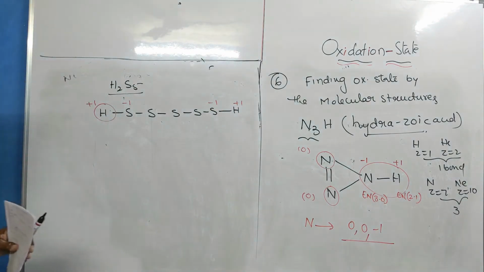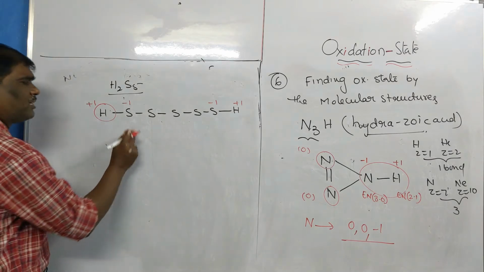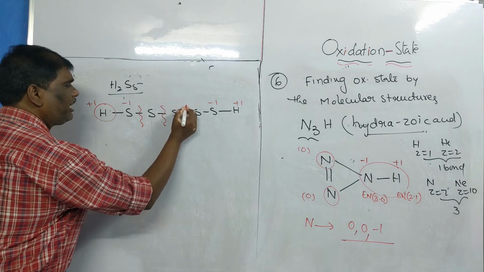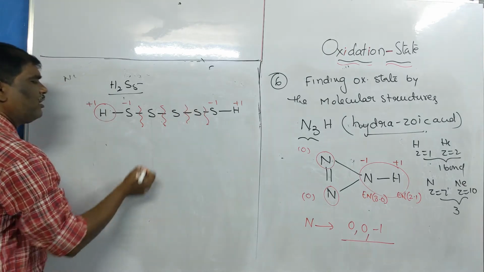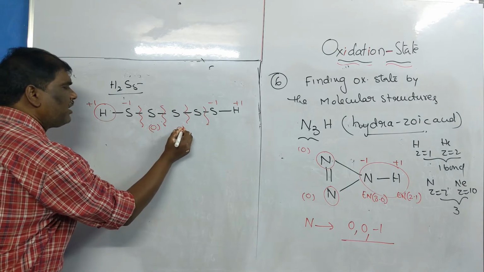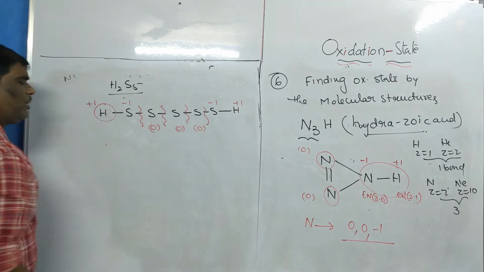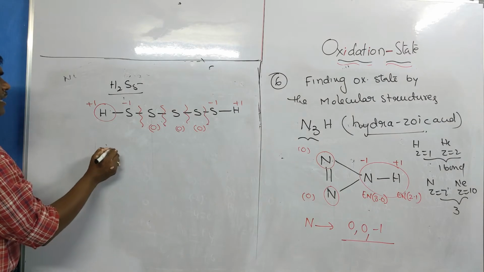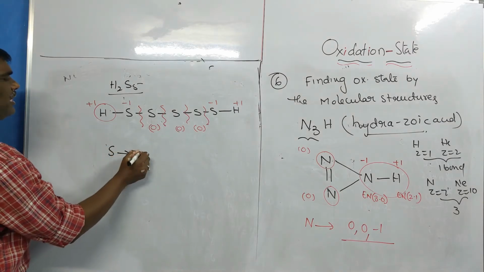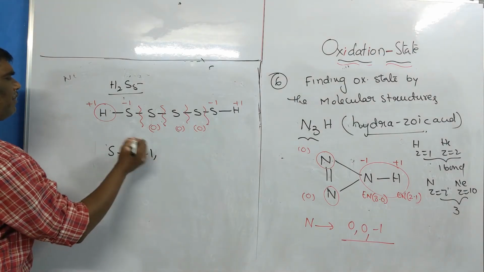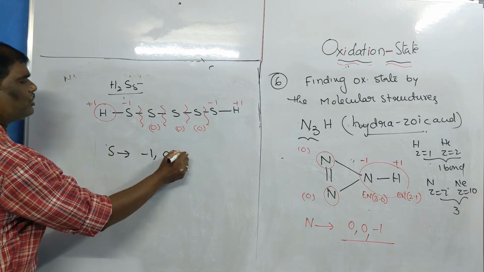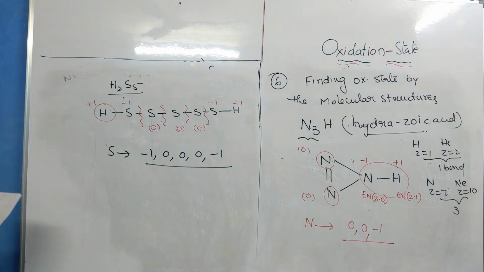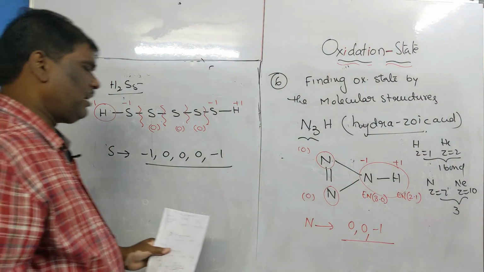What about the rest of the atoms? These are the same atoms, so no unequal sharing. For those atoms, the oxidation states are taken as 0. Now tell me, what are the possible oxidation states here? For sulfur, the oxidation states are -1, -1, 0, 0, 0, again -1. Thus the oxidation states are calculated.